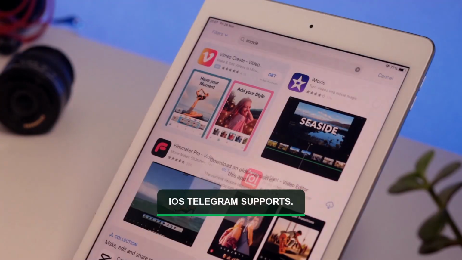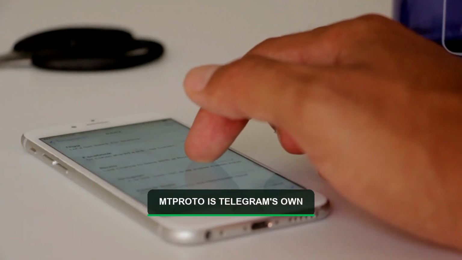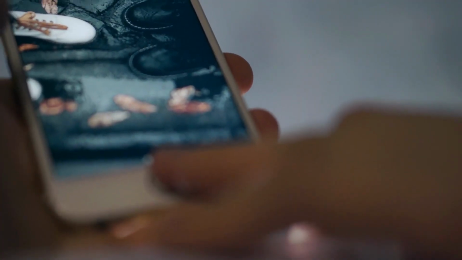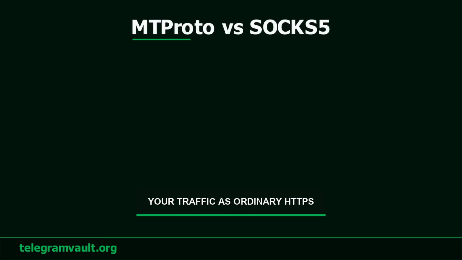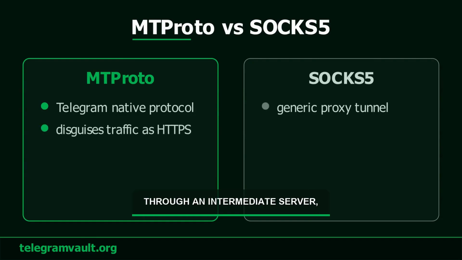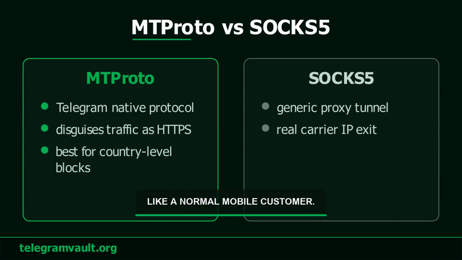There are two proxy types iOS Telegram supports, MTProto and SOCKS5. MTProto is Telegram's own protocol with built-in camouflage. It's the one that disguises your traffic as ordinary HTTPS and survives deep packet inspection best. SOCKS5 is a generic proxy that tunnels the connection through an intermediate server, and it shines when that server is a real phone on a real mobile carrier, because the exit IP looks like a normal mobile customer.